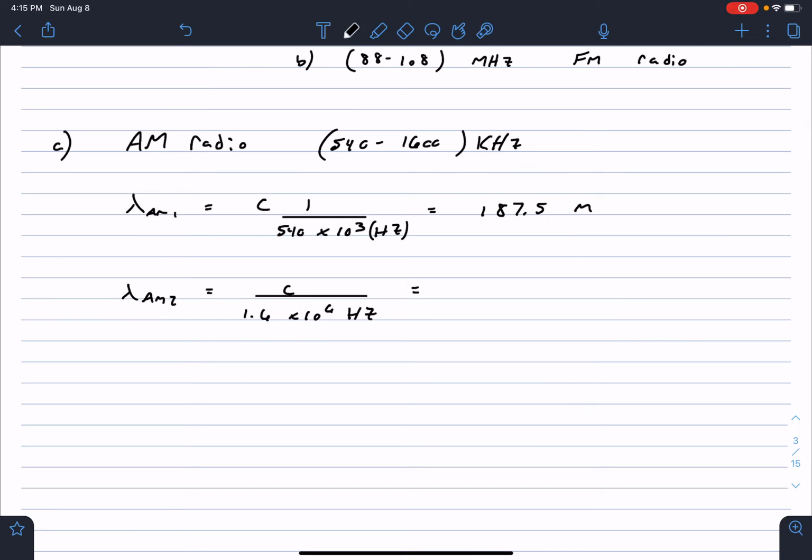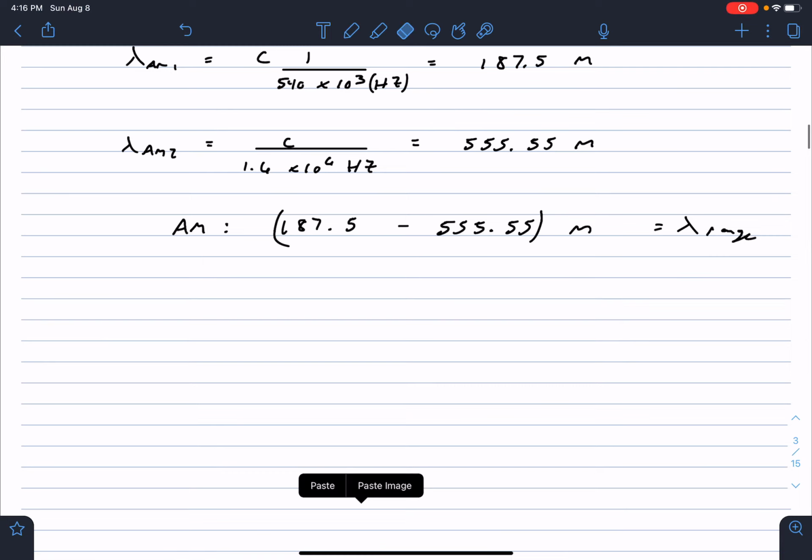So C over 1.6 times 10 to the 6 hertz gives us a value of 555.55 meters. So for AM, we're broadcasting wavelengths ranging from 187.5 to 555.55 meters.